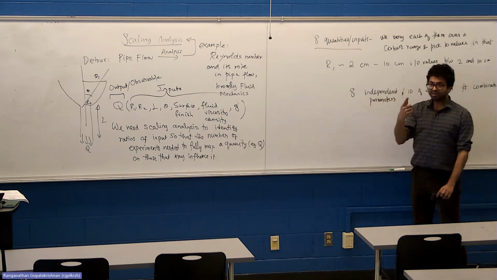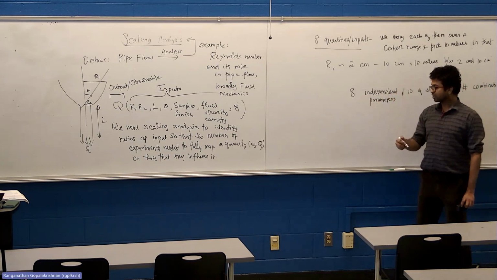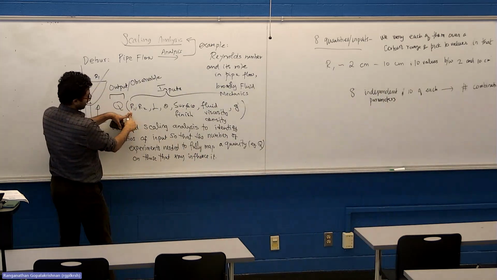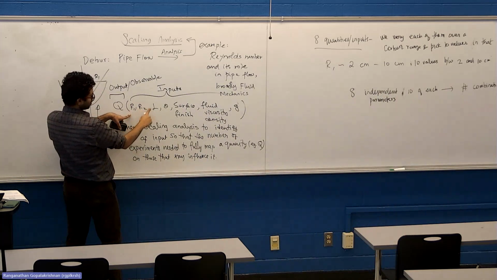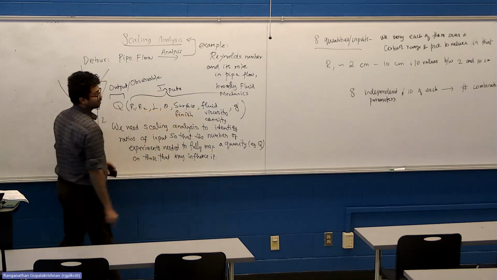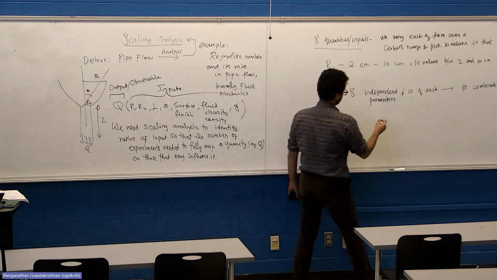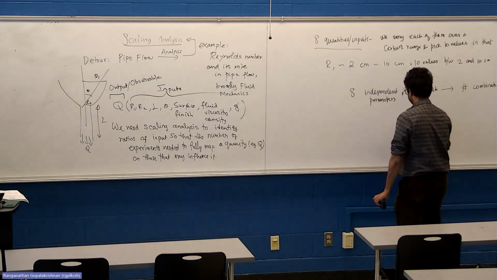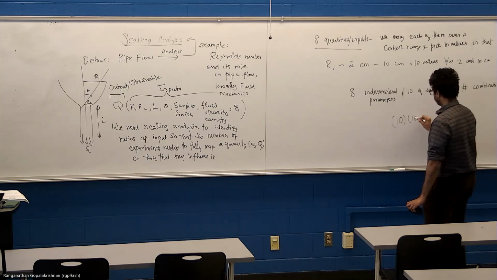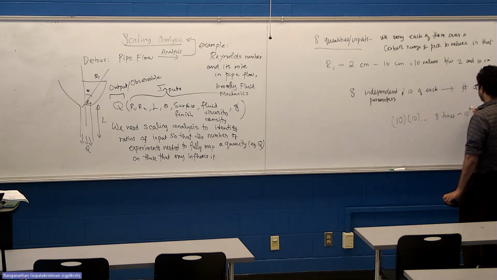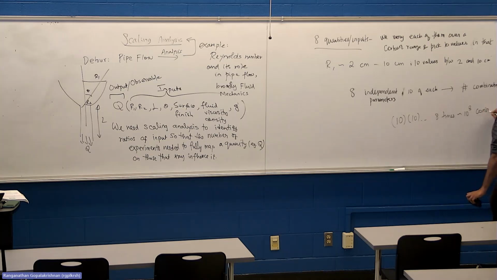Each of them can have 10 independent values, so think of all possible combinations. There are 10 values of R1, and it has to be combined with 10 values of R2, 10 values of L, theta, and so on. So how many are we looking at? 10 to the power 8, that is 10 multiplied by 10, 8 times. This is about 100 million combinations. Of course, we don't want to do 100 million combinations. That's not the correct thing to do.